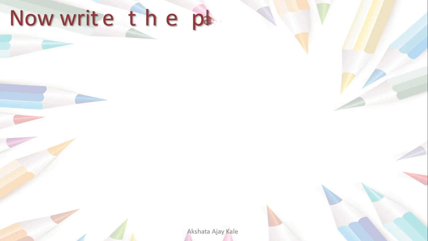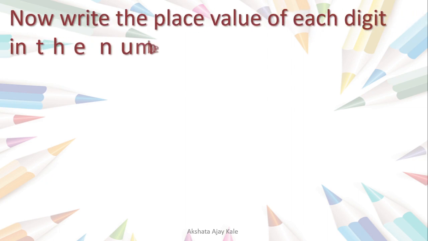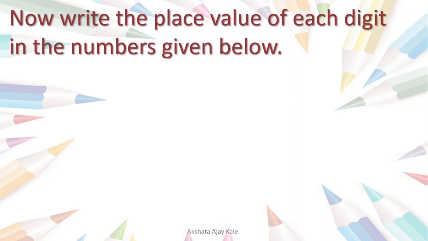Okay. Now, write the place value of each digit in the numbers given below. See dear children, here number is given 22. We have to write the place values. The concept is same, but we have to write in different way. See here, arrows are there. Means 1, 2, that is to the right hand side 2.